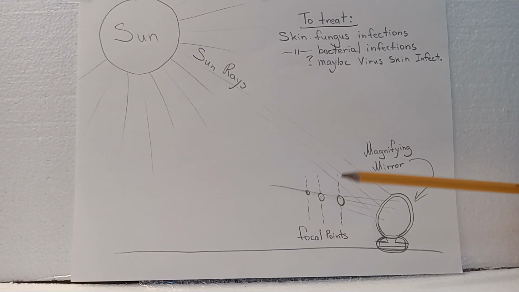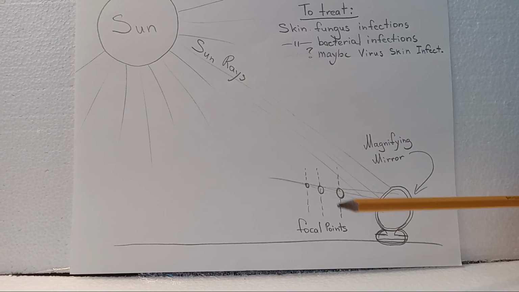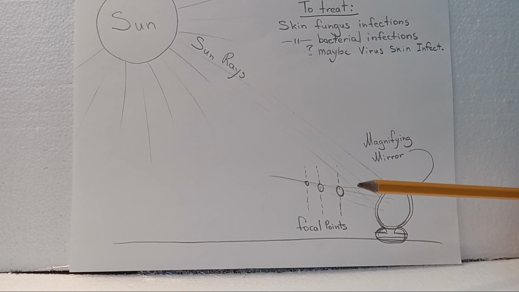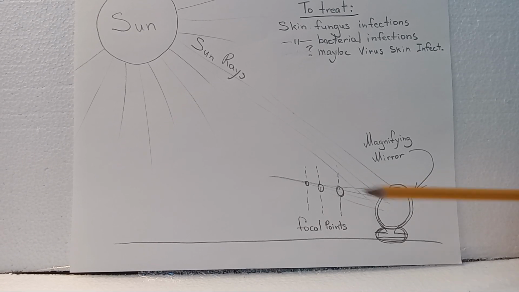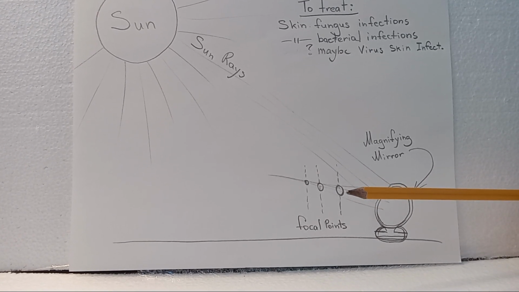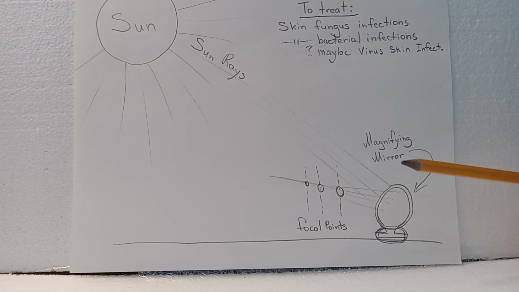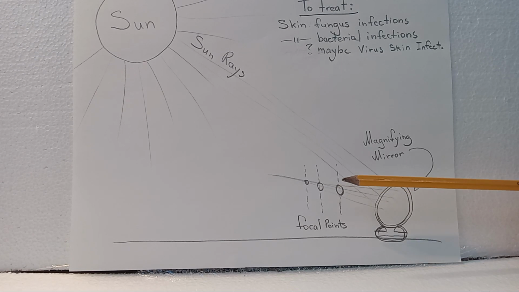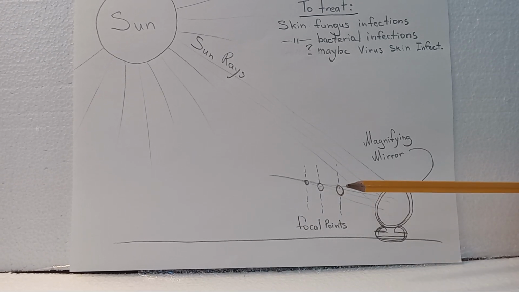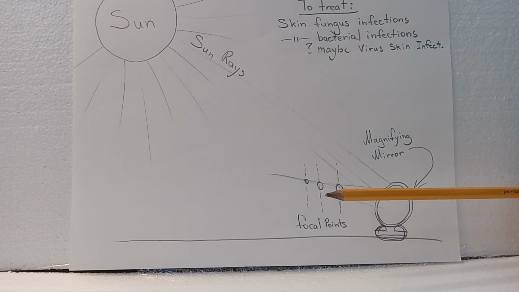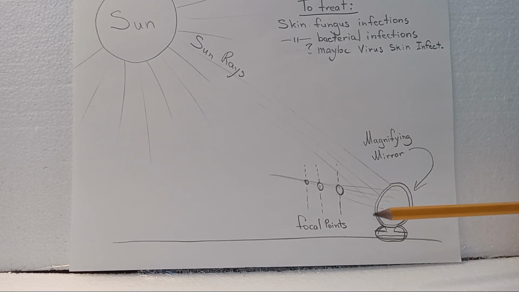Later on, I will be improving this. I have an idea of using a larger mirror, and then at the focal point, probably before the focal point, like right here, I would install a spinning disc which will have a cutout in it, and as the disc spins, it will allow, for example, 25% of the light through, and by using a larger mirror I can focus light not 10 times but 50 times, and then if I block 75% of the light by the spinning disc, I'll allow about 25% through, and the light that does get through is going to be 50 times more concentrated and will be able to penetrate even deeper than 10 times light, which is this.